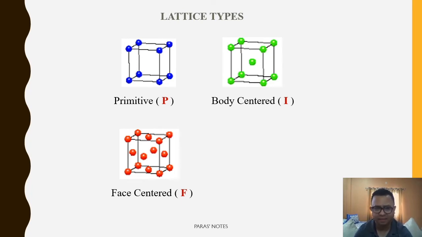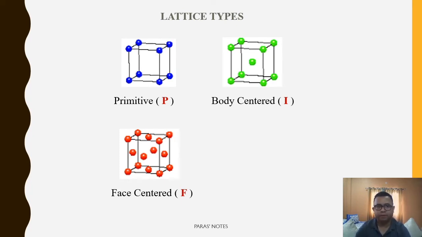But side centered cell doesn't have too much significance. In fact, we will not be discussing much about that one, but especially your class 12 syllabus discusses these 3. That is why even in the representation you will see only 3 types that I have picked up: primitive, body centered and face centered. But don't forget there is also one more type, which is called side centered cell.